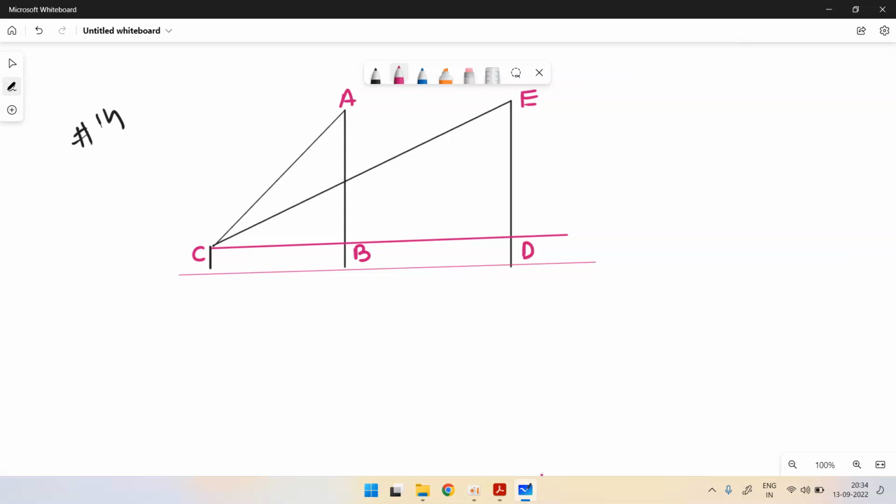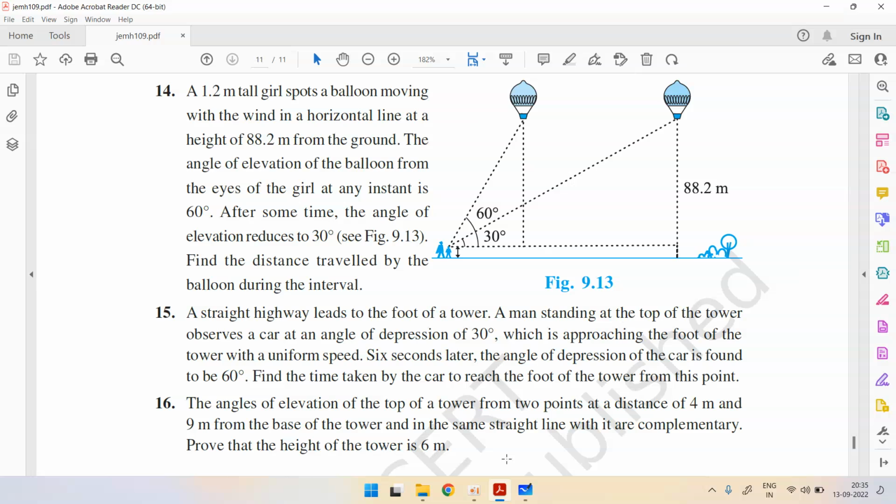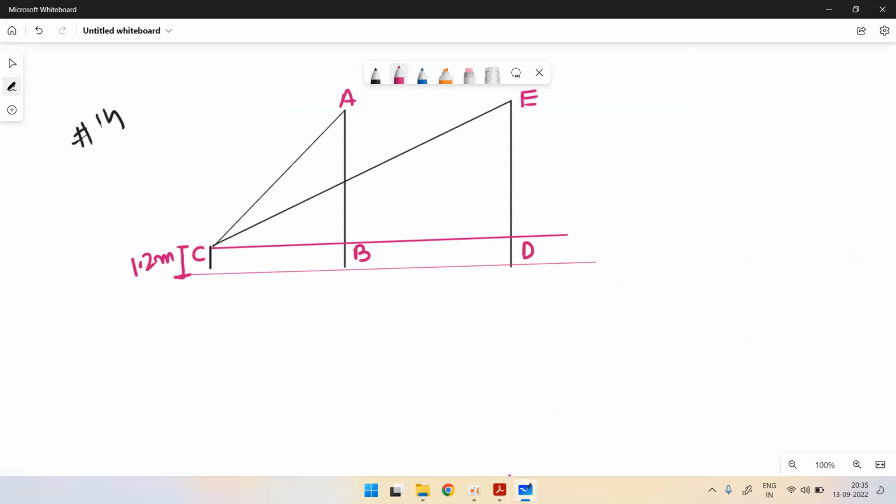What is given is that the height of the girl is 1.2 meters. The distance of the balloon from the ground is 88.2 meters. This is B dash, this is D dash, and this is C dash.